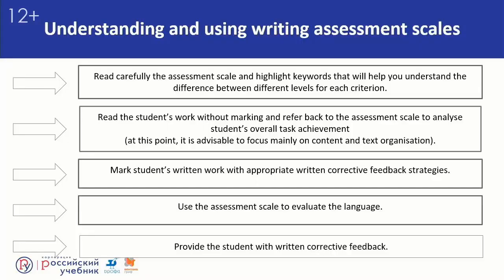So you can pause this video if you don't remember those, go back to those videos and go back to this one. And after that, you can again go back to the assessment scale now to make judgments about the language, right? And finally, you write a little comment to your learner. These are the stages we're going to try to follow right about now.